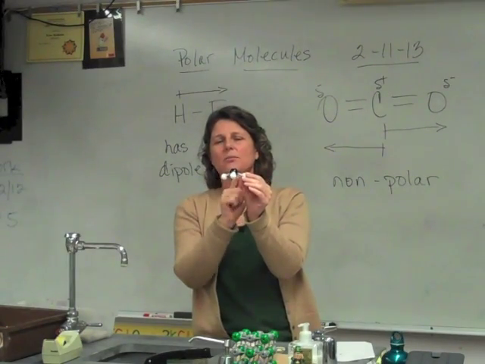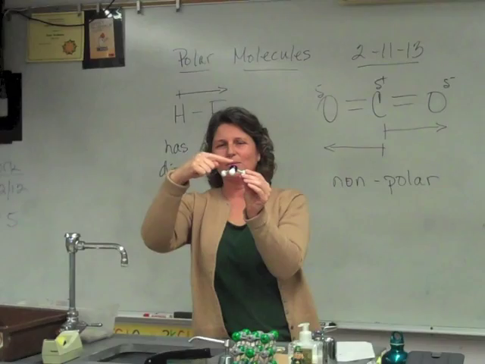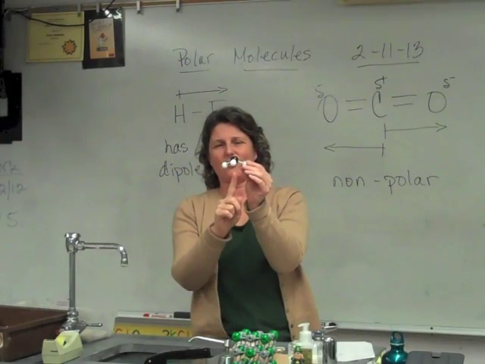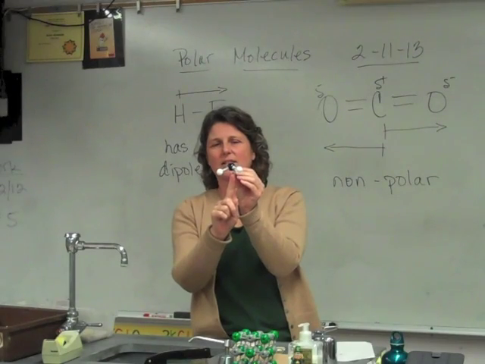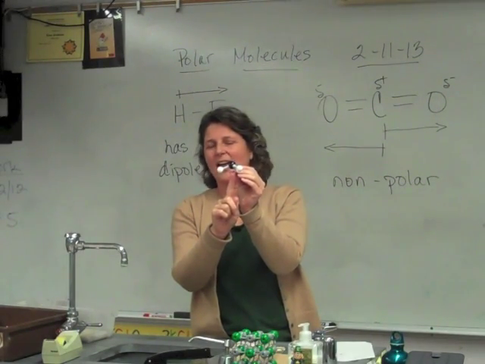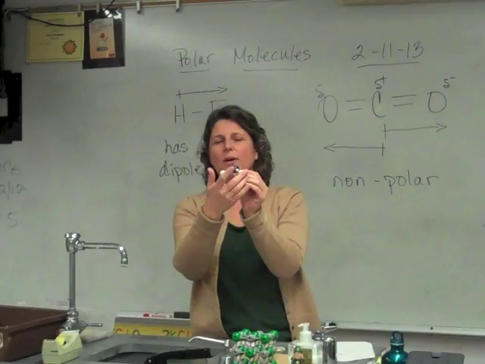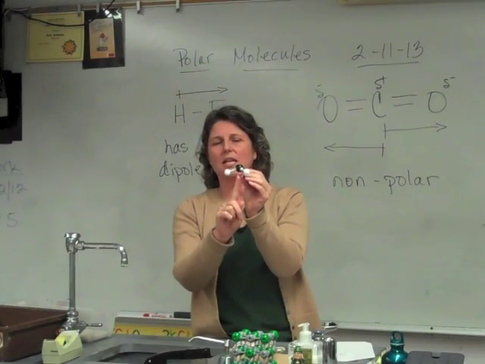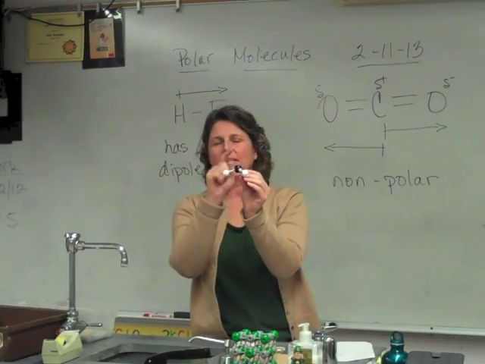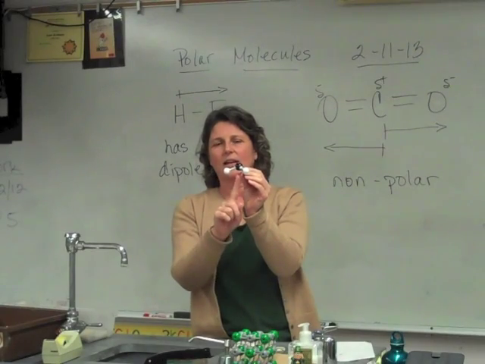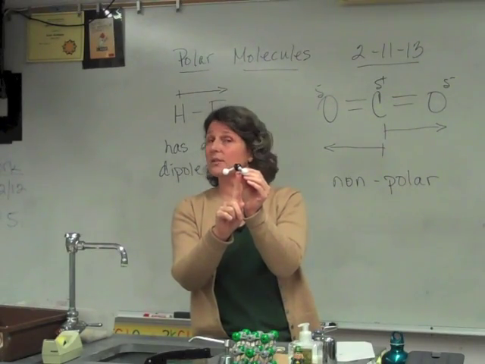Where is the midpoint? Is the midpoint here? No. The midpoint in three-dimensional space is a little bit below it, right? And so the positives and the negatives don't cancel out. The midpoint of this electropositive is here, not directly on this. And so ammonia is a polar molecule.